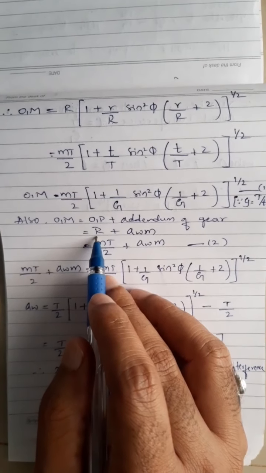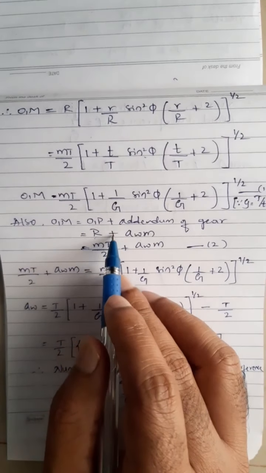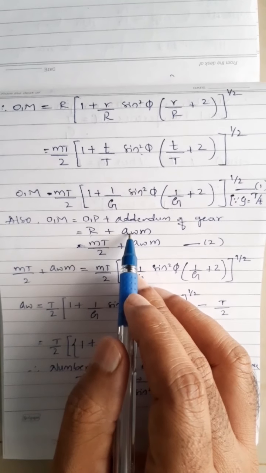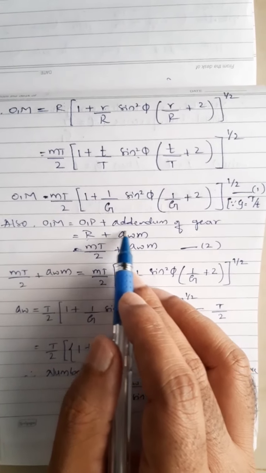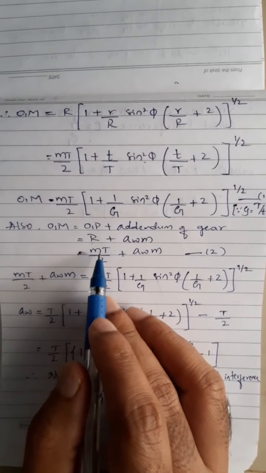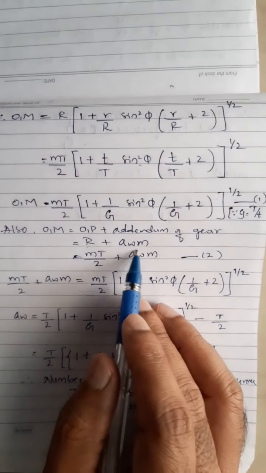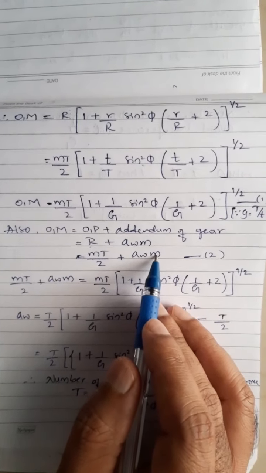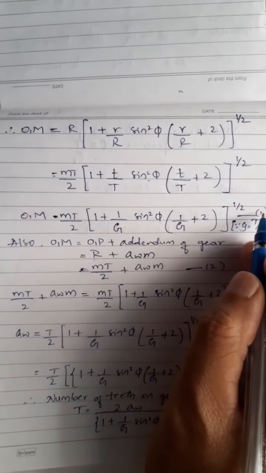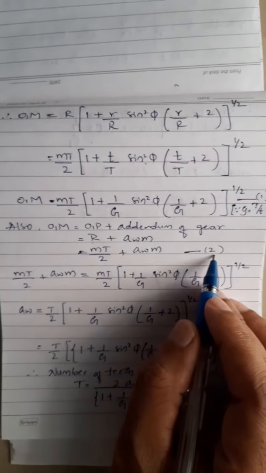O1p is the pitch circle radius of the gear, so it is given by capital R, plus the length of the addendum is given by addendum constant of the wheel into the module. So this capital R can be written as mt by 2 plus addendum constant into the module. Let us call the above equation as equation number 1, and this O1m as equation number 2.